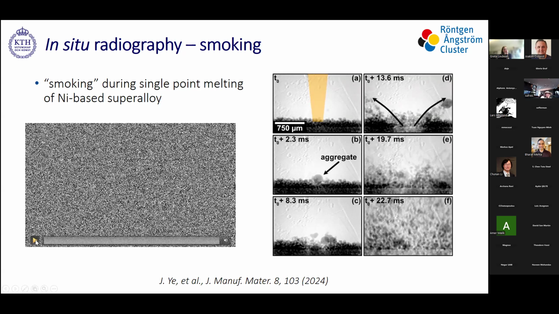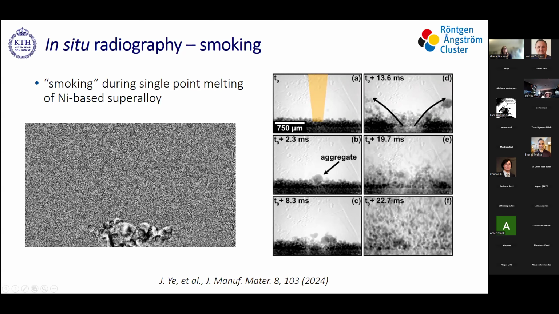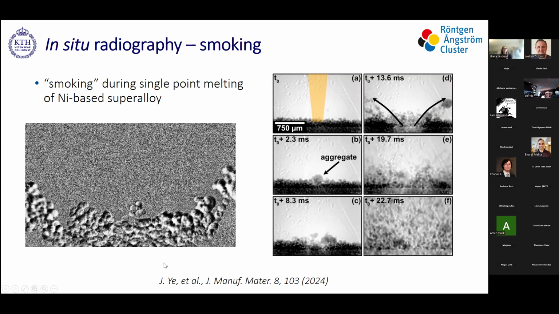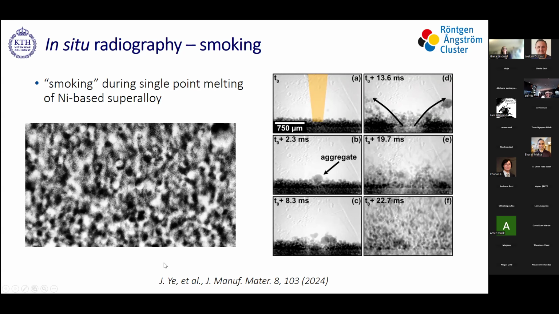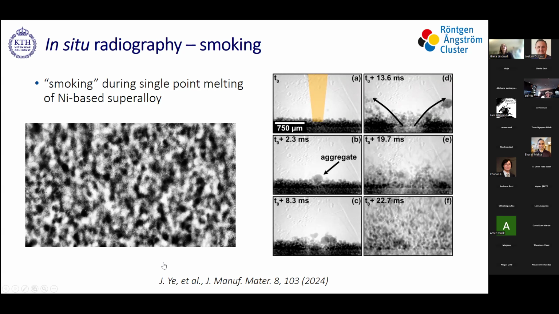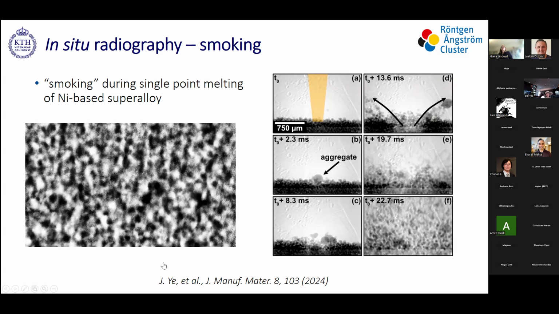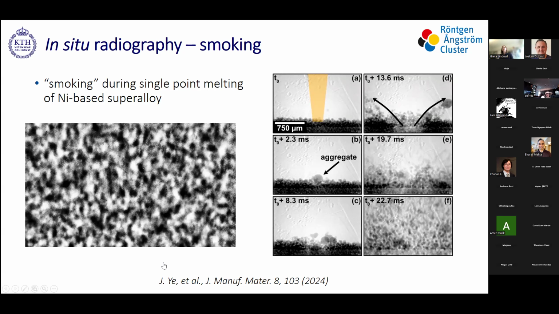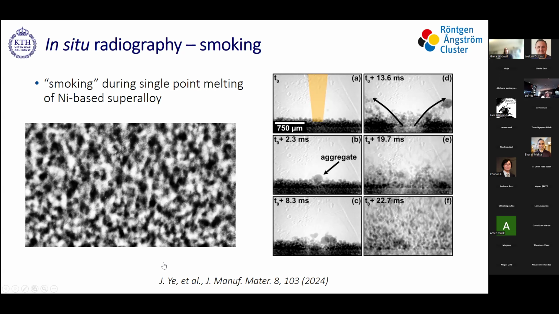If you look at an X-ray imaging video of that, it would look like this. You have the aggregates forming, and then the repulsion. This is called smoking, and it's a process instability. It stops your process, so this is something you want to avoid.